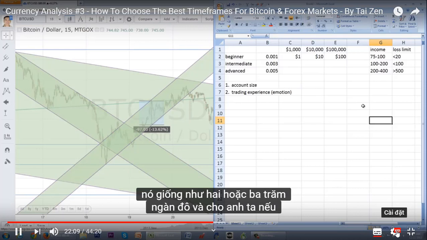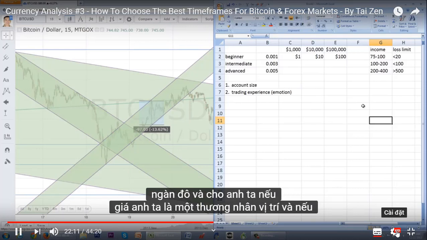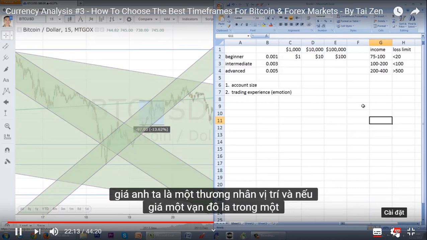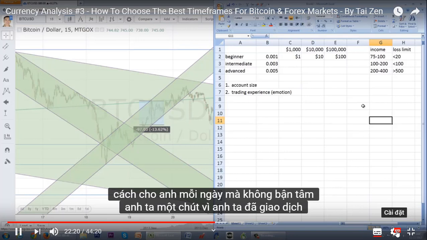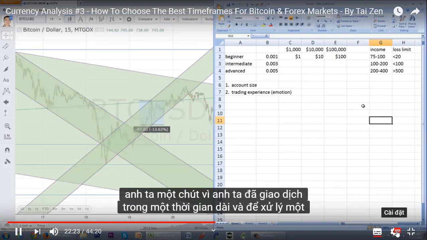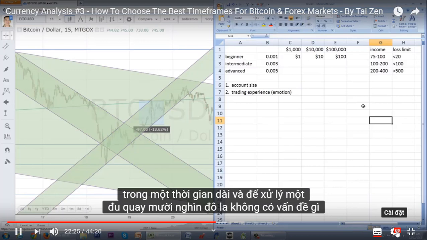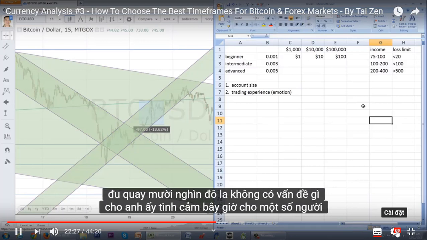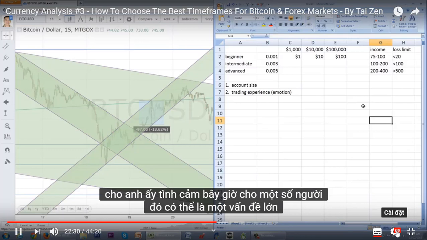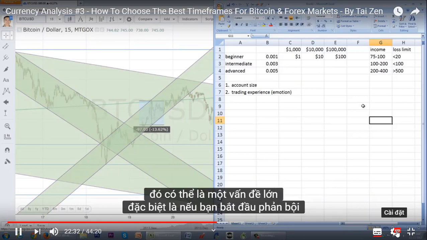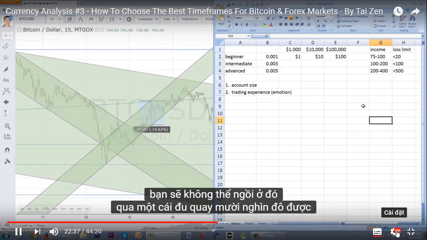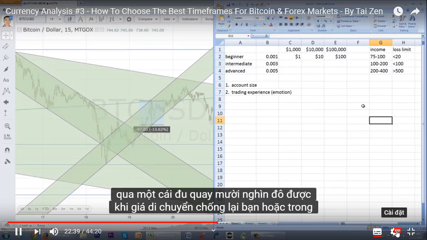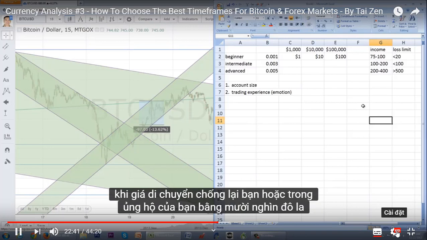For him, he was a position trader, and if the price swung $10,000 either way each day, that did not bother him one bit, because he has been trading for a long time, and to handle a $10,000 swing was no problem for him emotionally. Now, for some people, that could be a huge problem, especially if you're a beginning trader. You're not going to be able to sit there through a $10,000 swing, where the price moves against you or in your favor by $10,000.